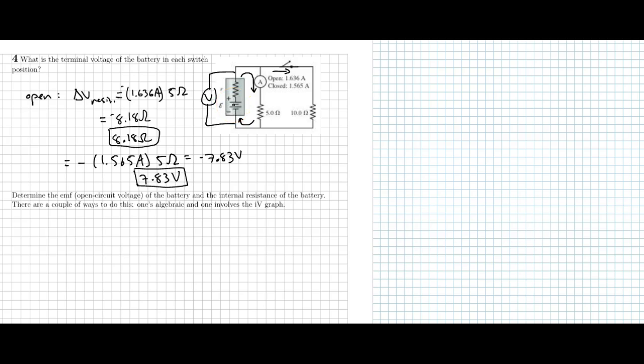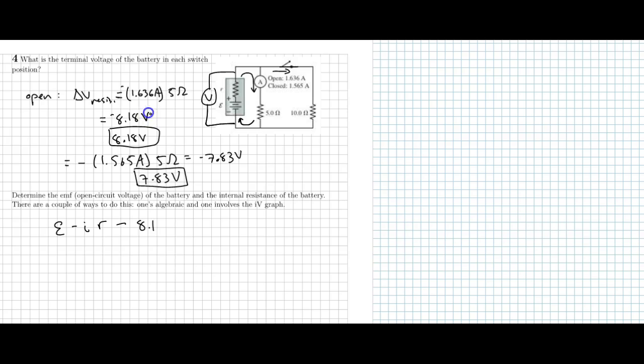You can do this algebraically by setting up a system of equations, because if I do the loop rule, I start here and go through, I get the EMF minus I times R, that's the I total, times R, minus, if I go through this first resistor, we figure out that was 8.18 volts, or sorry, I wrote ohms up there.